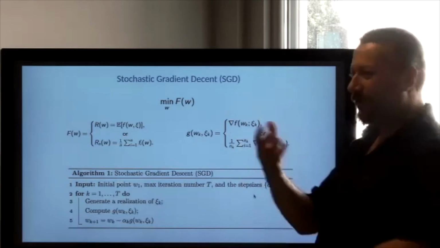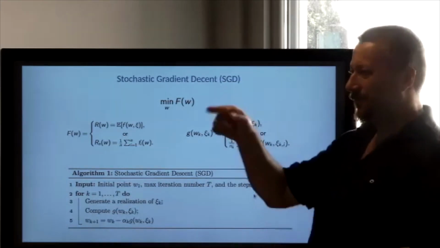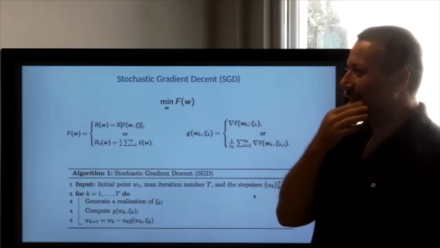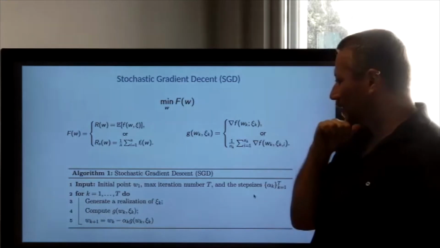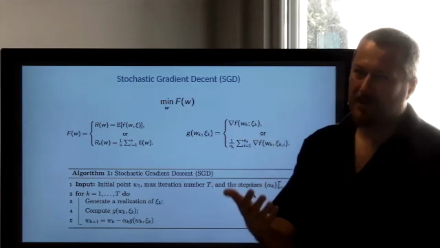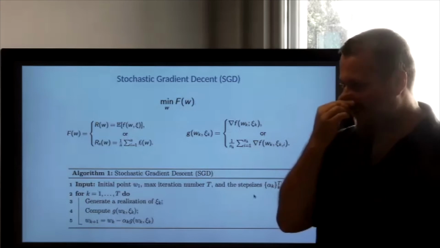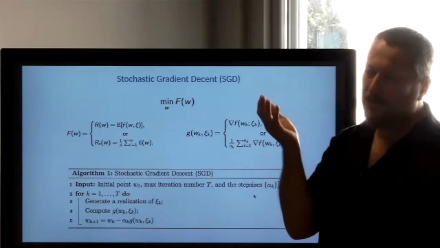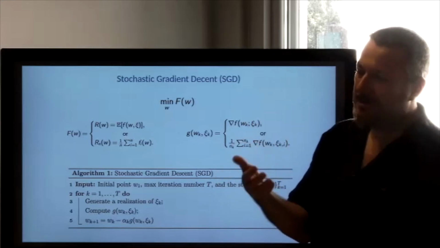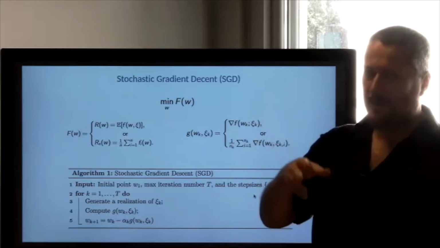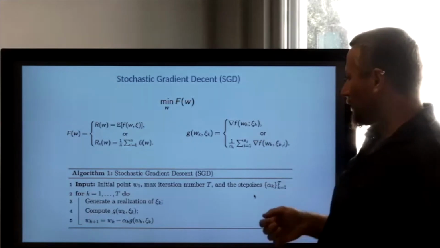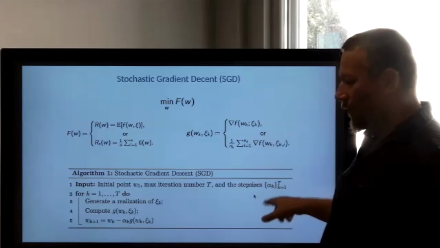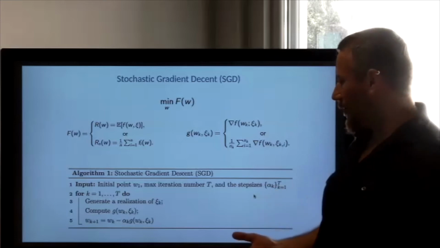You can get closer and closer to the stationary point, or you can just wander around it. So in practice people just stop at some point. This algorithm doesn't stop for you. You can do that, but in practice people just say, okay, this is enough, I'm going to stop and look at the values. And then we choose step sizes for each of these steps.